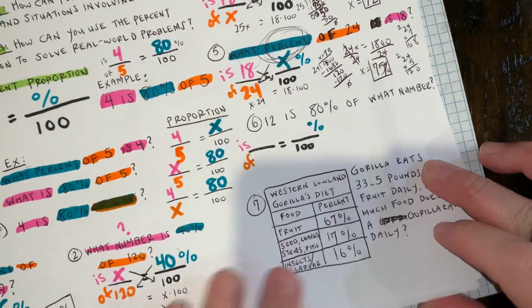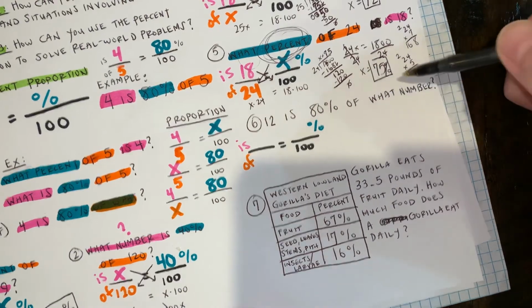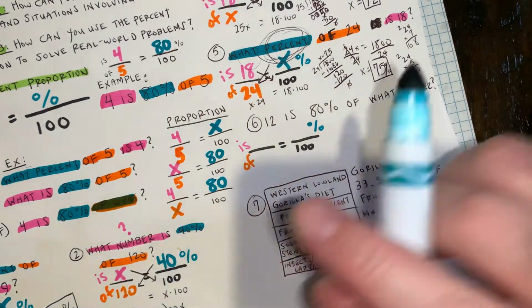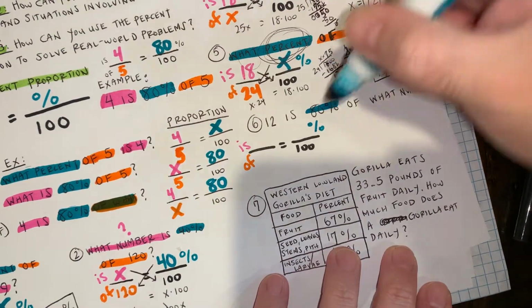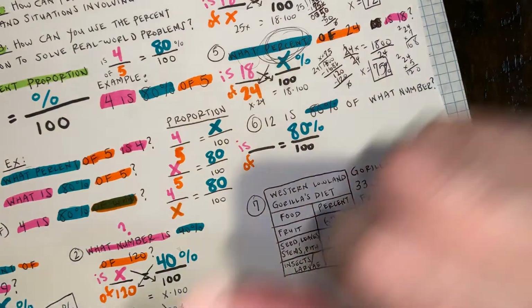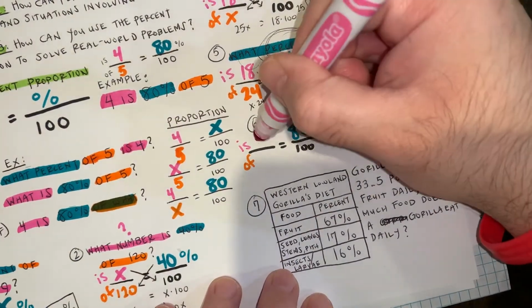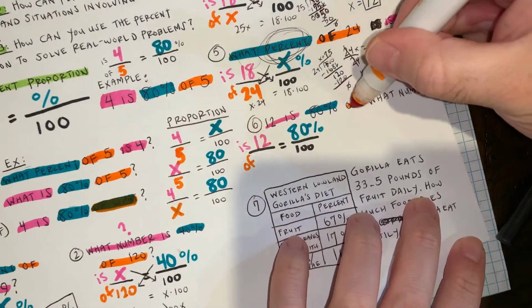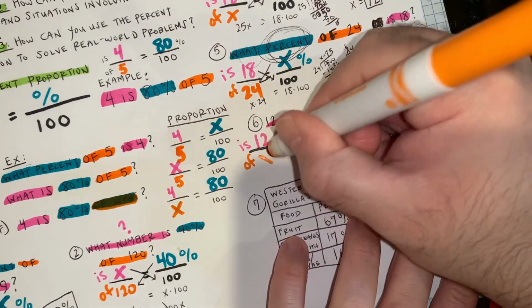Okay, this one. 12 is 80% of what number? So remember, we like to start off with our percent. And then that shows you that 12 is of what number. So I'm missing that.